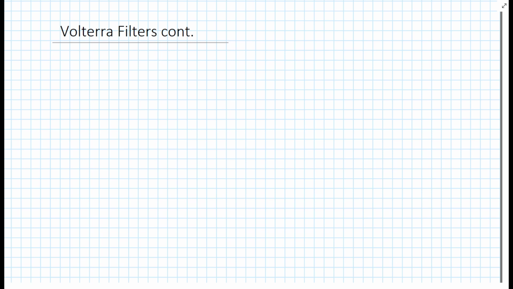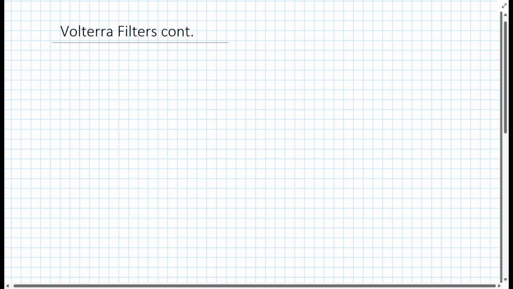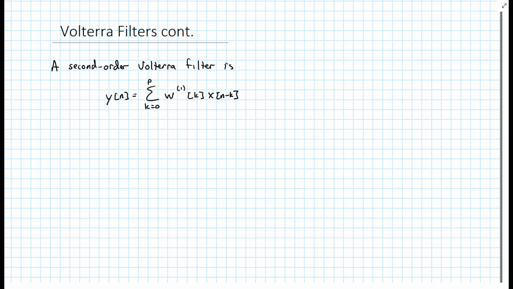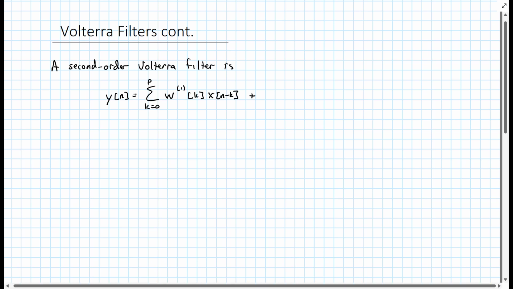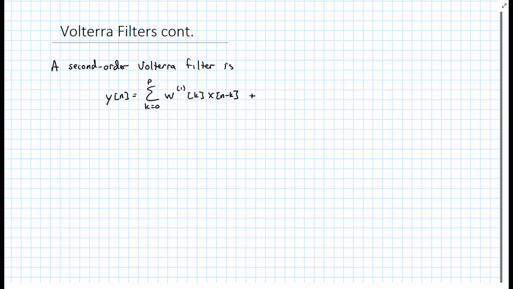So let's see what this looks like then with the second order filter. This first part is just a regular filter. That's the inner product of W with X. And I've added the superscript 1 to show that this is the first set of weights associated with the regular linear filter.